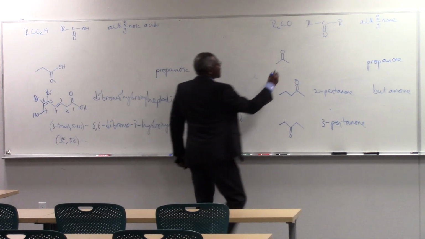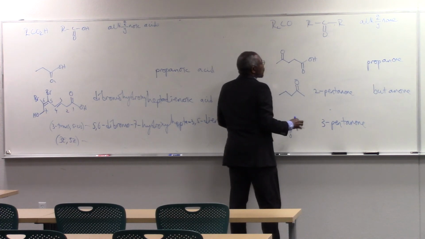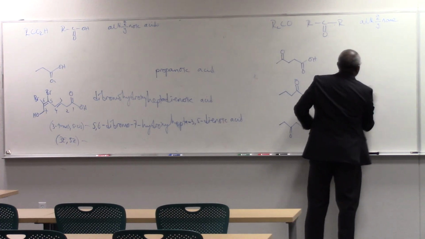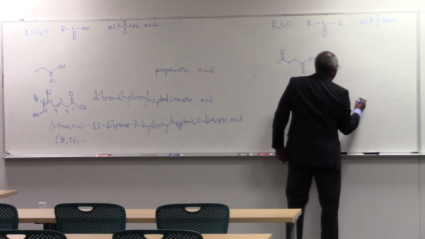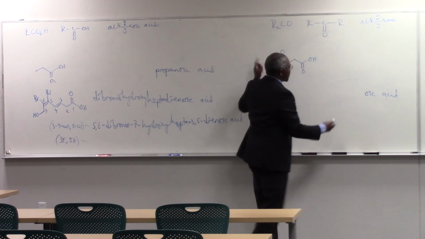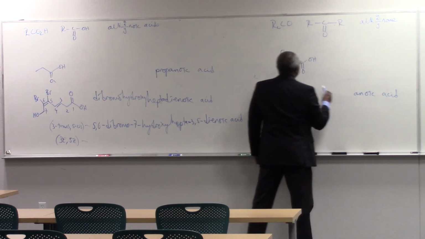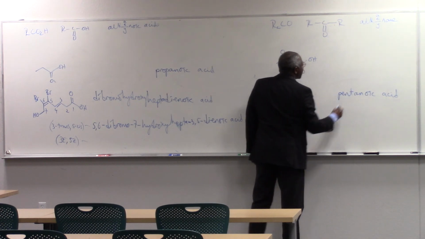If I had this compound, I would call that oic acid. So it's an oic acid. My carbon chain is saturated, so it's anoic acid. It's got 1, 2, 3, 4, 5 carbons, so it's pentanoic acid.